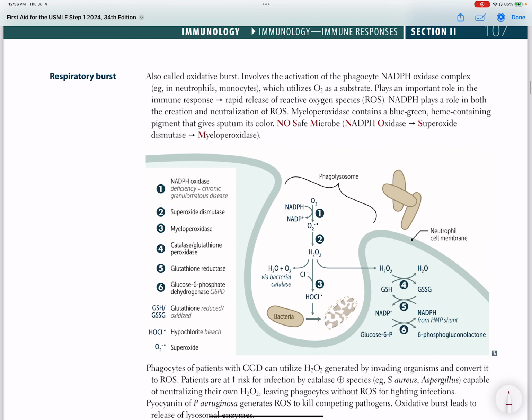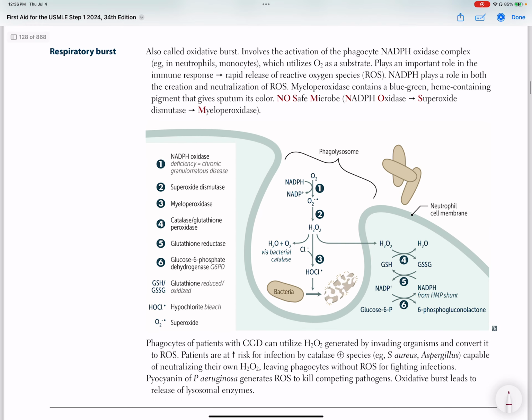Okay, respiratory burst. It's also called the oxidative burst. It involves the activation of the phagocyte NADPH oxidase complex, in neutrophils and monocytes, which utilizes oxygen as a substrate, and plays an important role in the immune response.